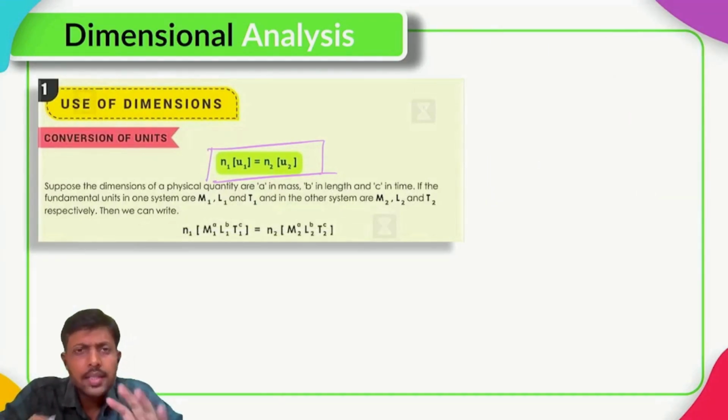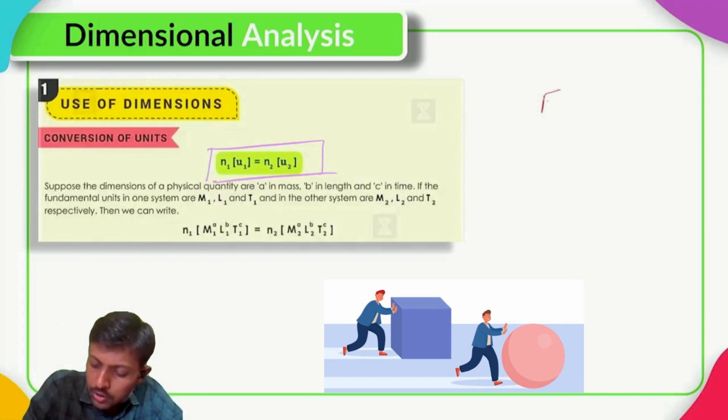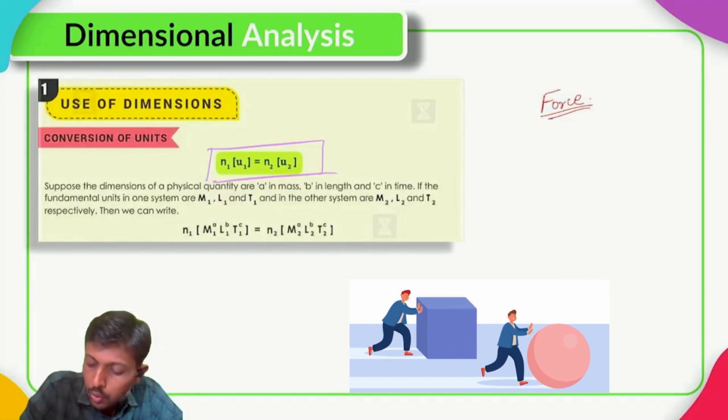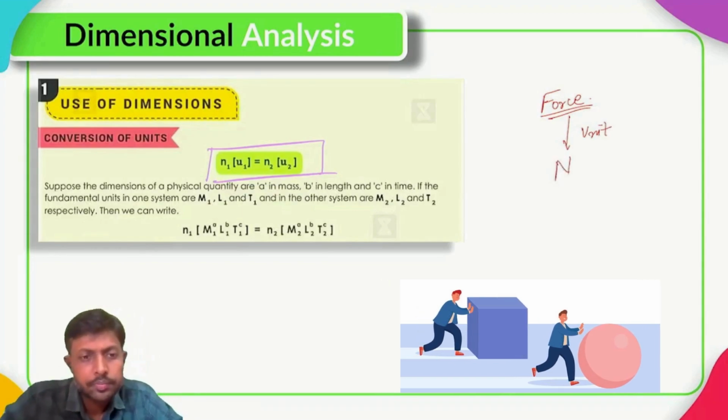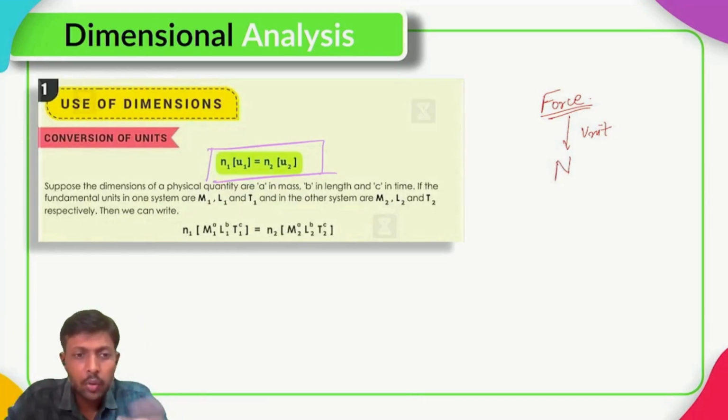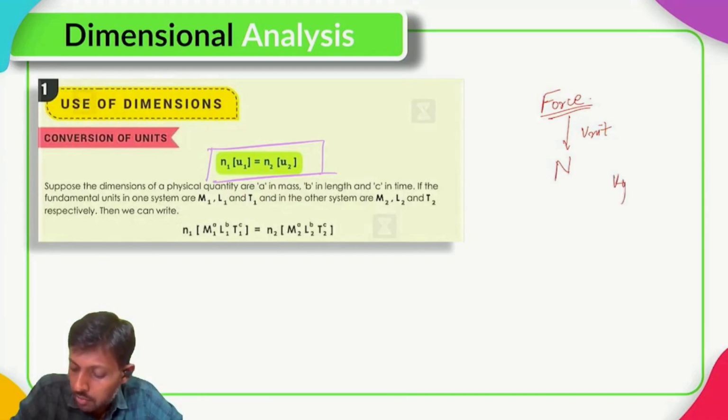So let's say we've measured a physical quantity, for example, force. Now, force is measured in newtons. We all know that its unit is Newton. If I expand this, how Newton looks like, it's kg meter per second square.